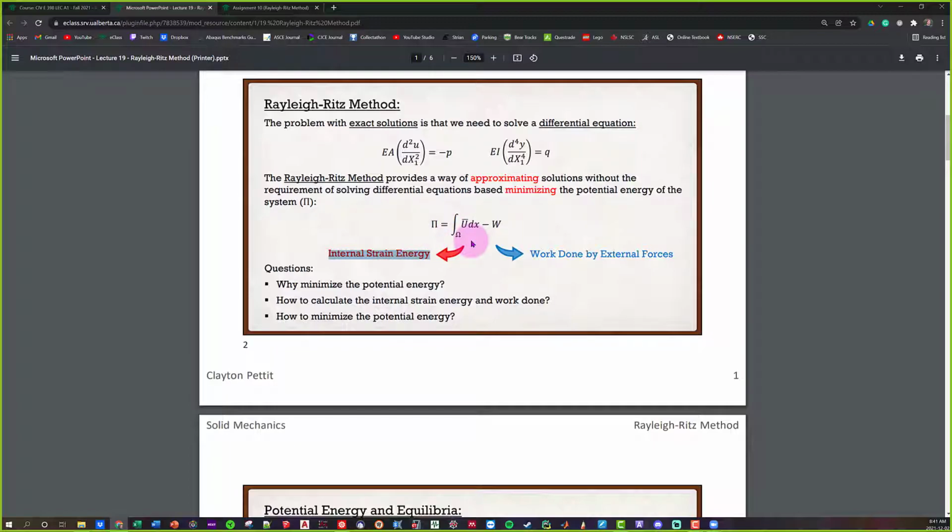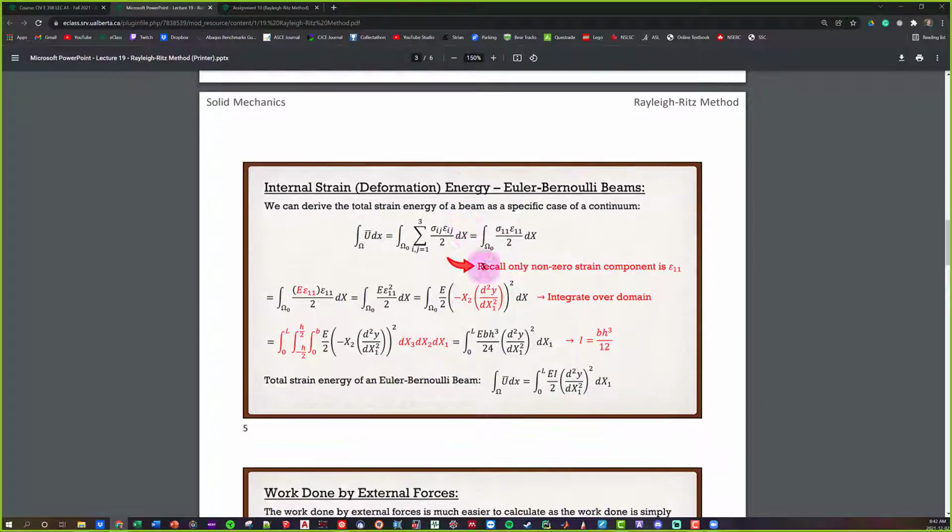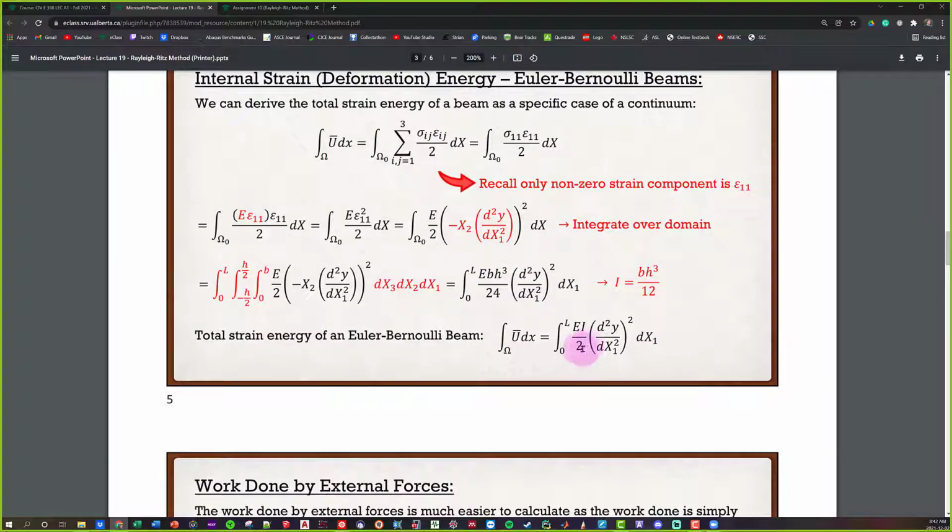So it's the same formula as before, but in this particular slide, we were able to simplify it into this right here, where it's the integral from 0 to L of EI divided by 2, which we know, multiplied by the second derivative of our displacement function squared. That's all it is. We know EI, we know our displacement function now. There are actually no unknowns in this equation.